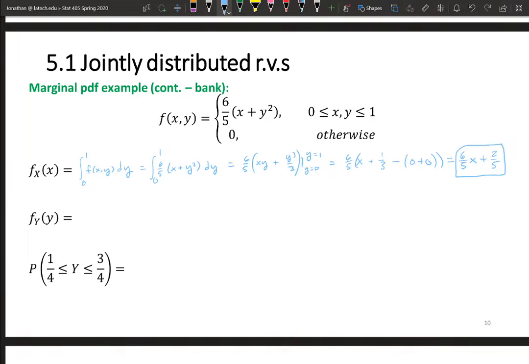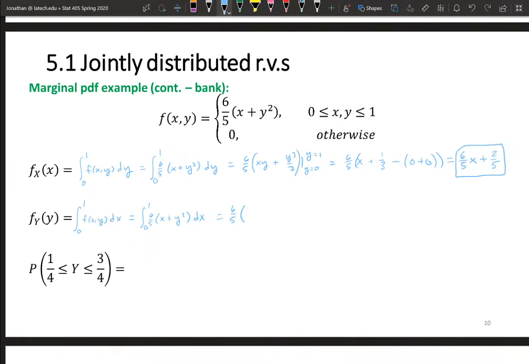So good question. Let's see, the marginal PDF f sub y will be integral 0 to 1, because that's where our bounds are for x, f of xy dx. That will be integral 0 to 1, 6/5 times (x plus y squared) dx. And 6/5 comes out.